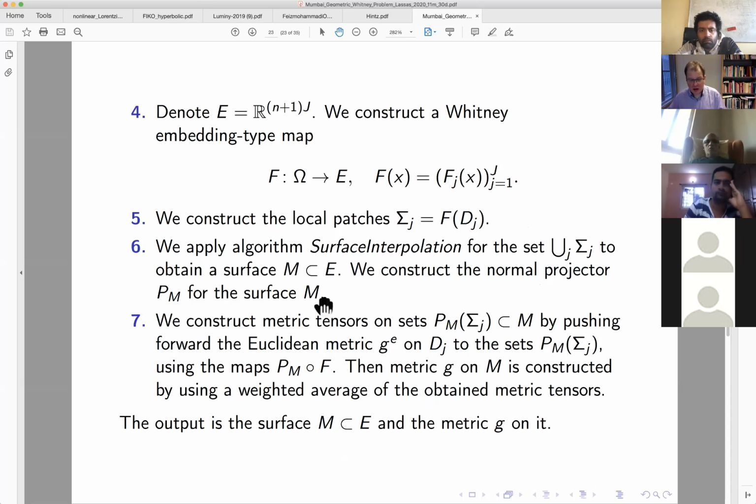Then we have to construct the metric there. Actually, the coordinates are also to be constructed, but let's forget that. Let us consider the metric tensor. We have this Euclidean disk of Euclidean space. Let's take the Euclidean metric there and push the metric forward with the composition of this embedding F and the orthogonal projector sigma M. Let me go back to the picture.